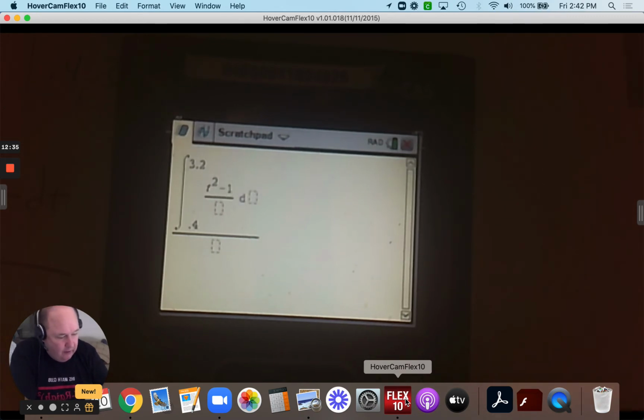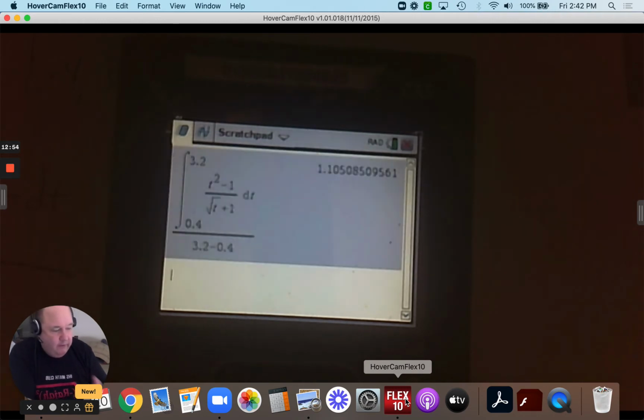In the denominator, the square root of t, move the cursor, plus 1. And that's dt. So there's the setup for the numerator. In the denominator, it's 3.2 take away 0.4. Control enter, and then round to 3 decimal places. So I get 1.105.